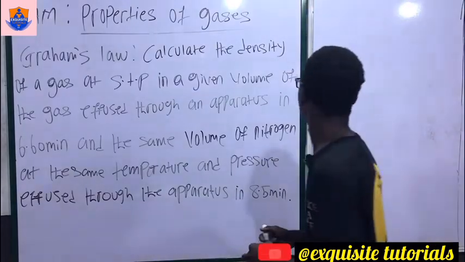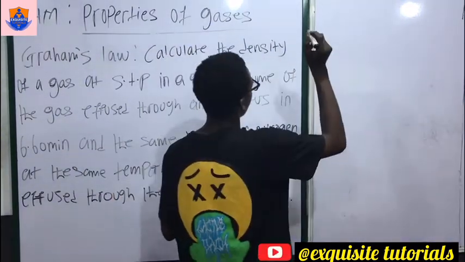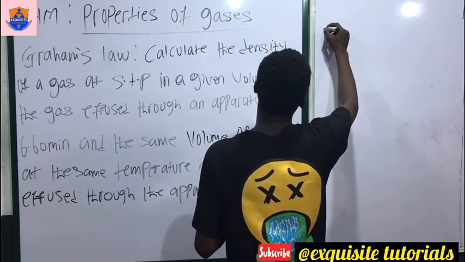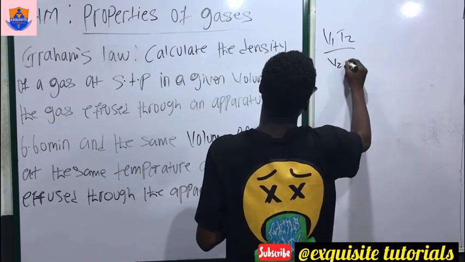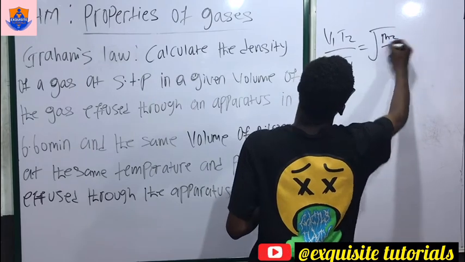Now remember I gave you a formula in our video when talking about Graham's law of diffusion: V1 T2 over V2 T1 is equal to root M2 over M1.